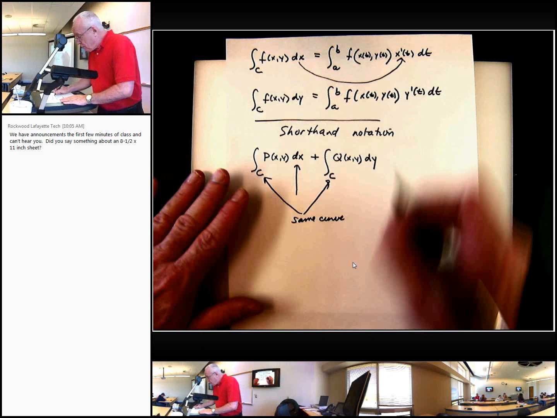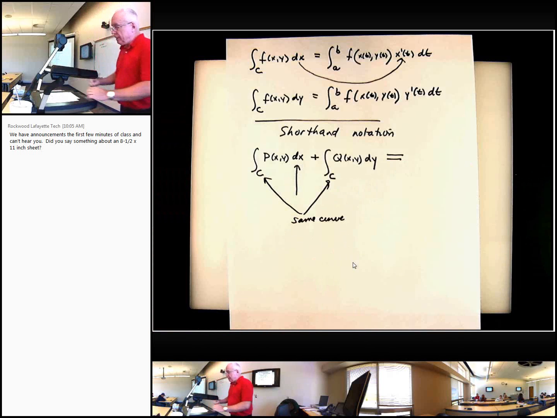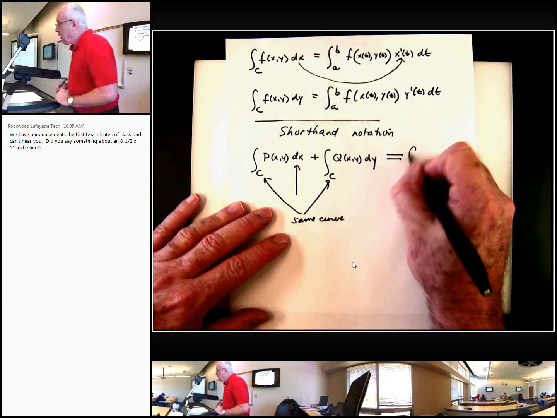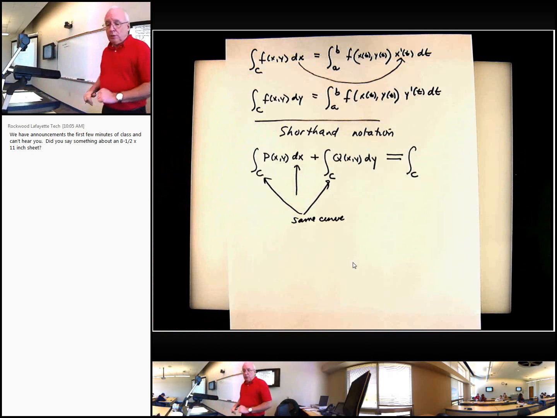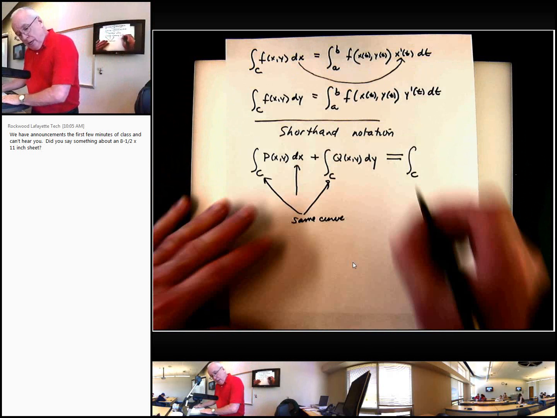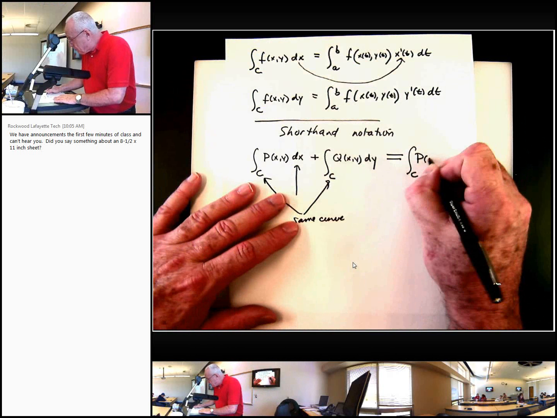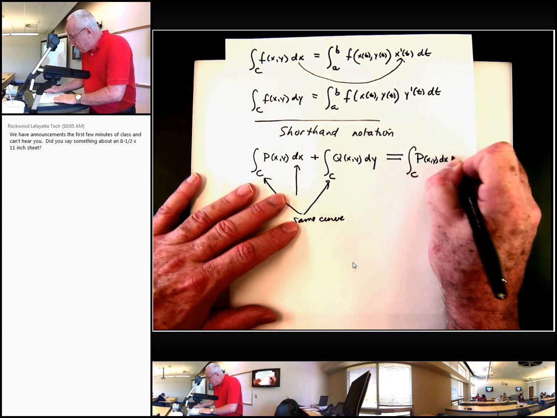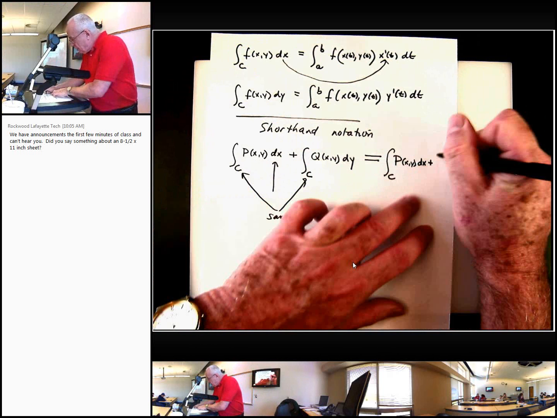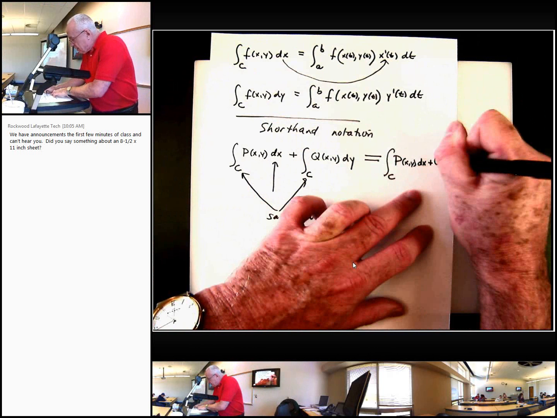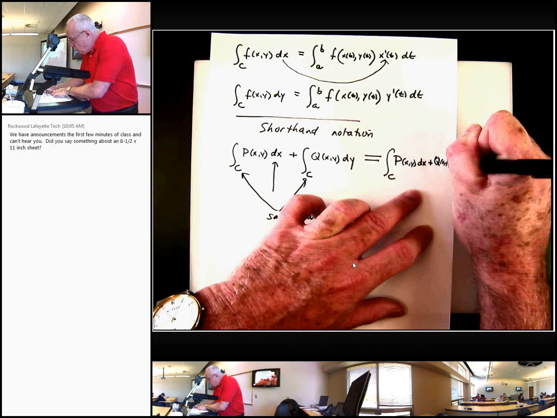Now, shorthand for this is the following. We still have our integral over the curve C, and here we just write p of x y dx plus q of x y dy.